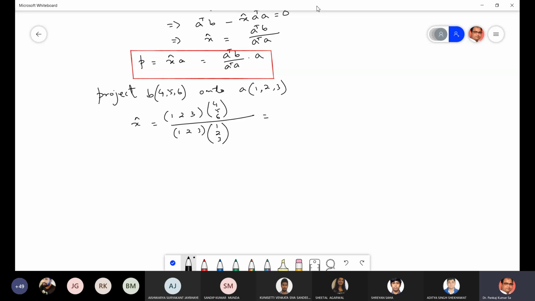Is that the denominator or numerator? 32 by 14. So that will come around 2.29.